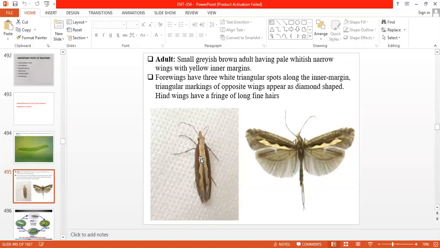Because when this moth rests, on their forewings three whitish triangular spots form a diamond shaped pattern. At the time of resting, they form a diamond shaped pattern on their forewings. That's why it is called a diamondback moth.